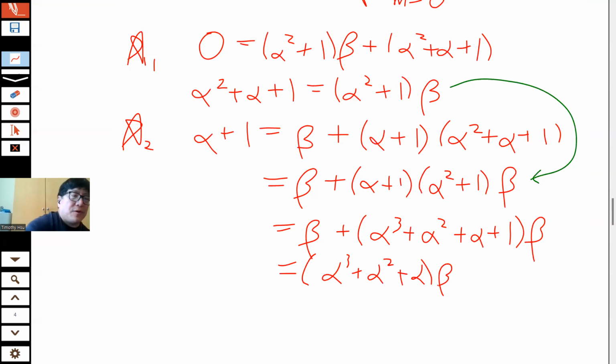Because remember, as they say in pre-calculus, or algebra 2 or algebra 1, really, there's a little invisible 1 over here, right? Beta is equal to 1 times beta, and so this 1 over here cancels out this 1 over here, and we're left with alpha cubed plus alpha squared plus beta. So is everybody good with step 2? Any questions about step 2?